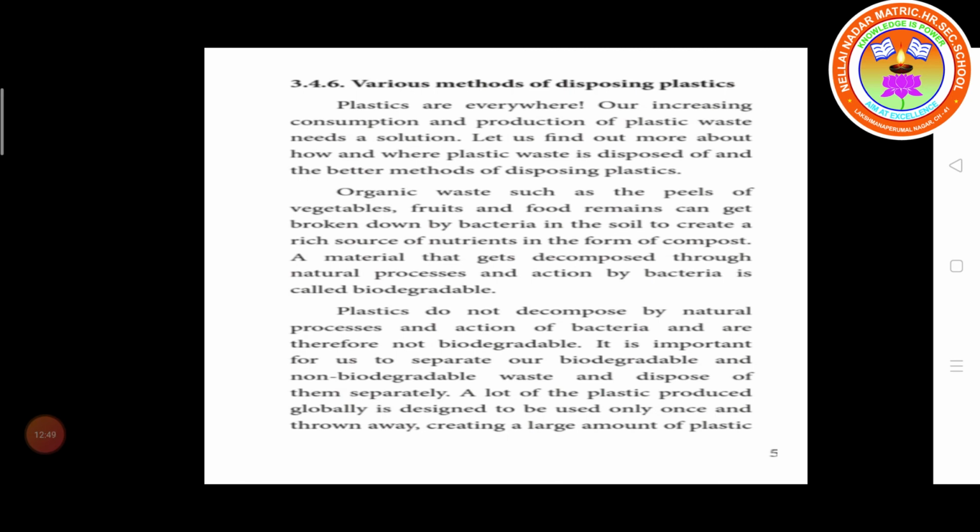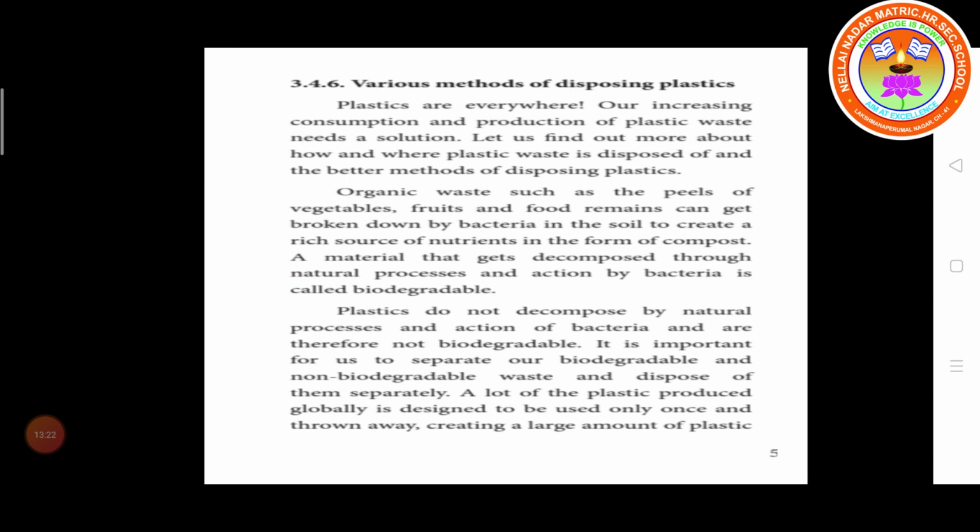Organic waste such as the peel of vegetables and fruits and food remains can get broken down by the bacteria in the soil to create a rich source of nutrition in the form of compost. A material that gets decomposed through natural action by bacteria is called biodegradable. So what is meant by biodegradable?